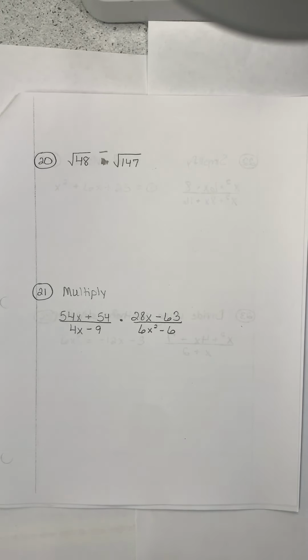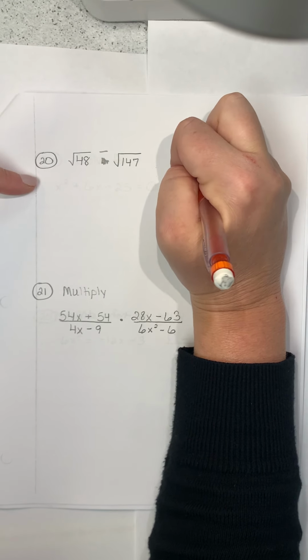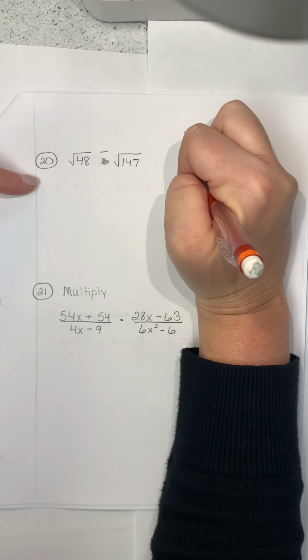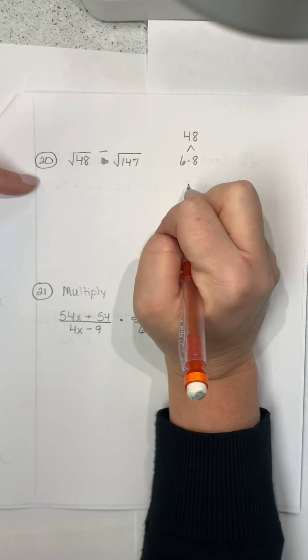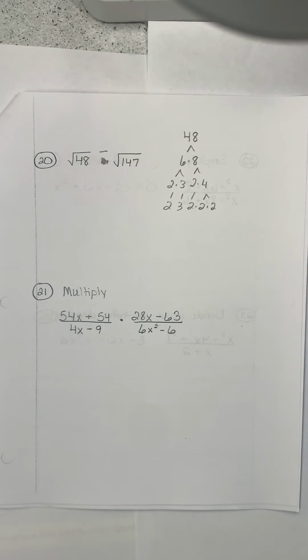I can't subtract these because I don't have the same radicand. So I'm going to take 48 and I'm going to break it down. You can break it down any way you want to, but remember, you're going to end up with 4 2s and 1 3.